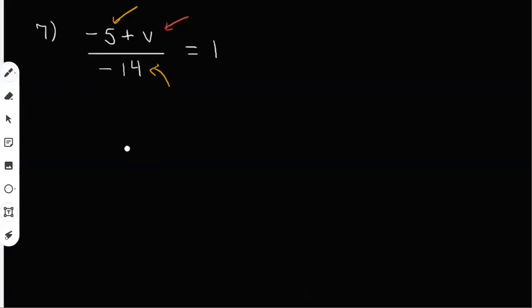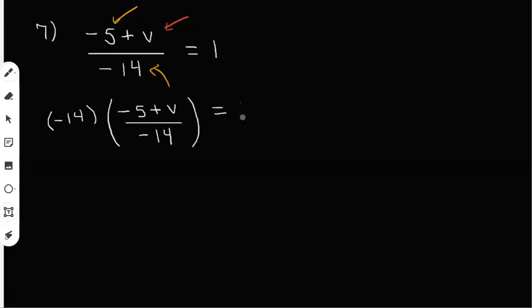And since I'm dividing everything by -14, I'm going to do the opposite of division. I'm going to multiply both sides by -14. When I do that, I put the left side inside parentheses, and I put the negative 14 inside parentheses.